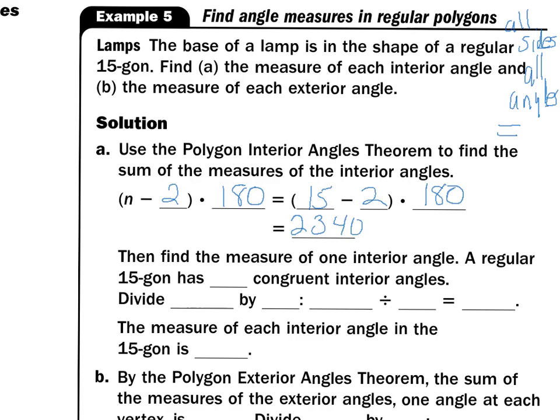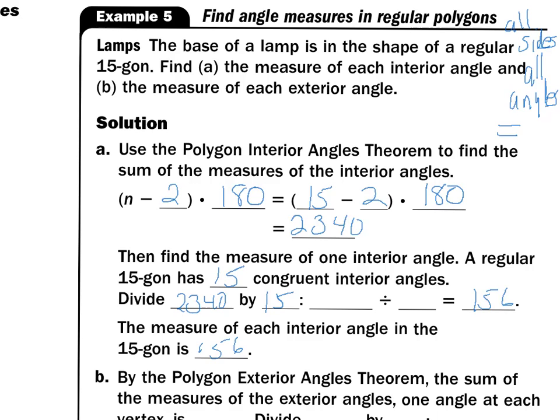Now, if we take that number and divide by 15, then we're going to get what each angle has. So each angle is 2340 divided by 15, and that should give us 156. So it's 156. Now, find the measure of each exterior angle.